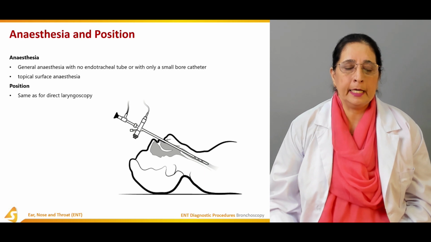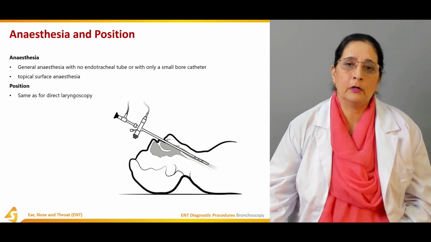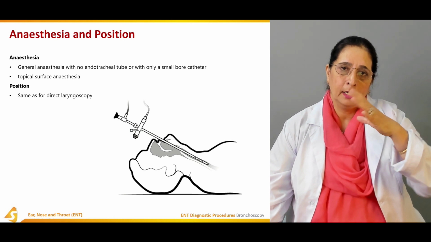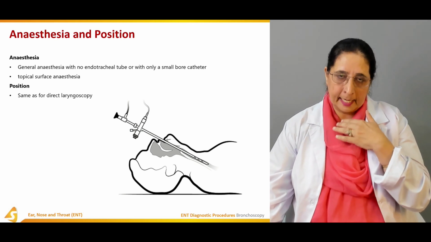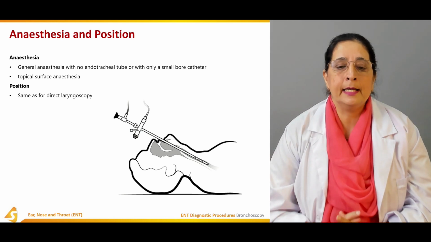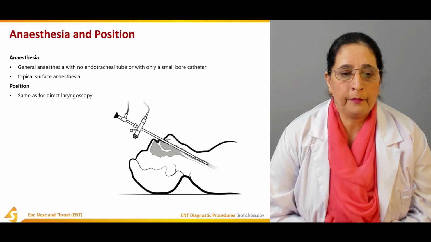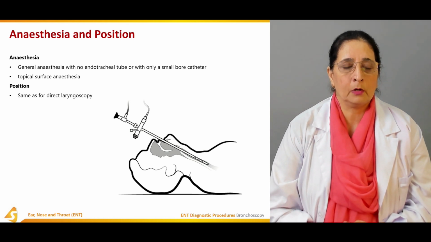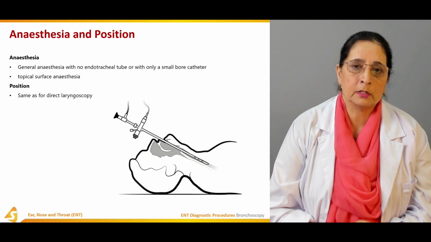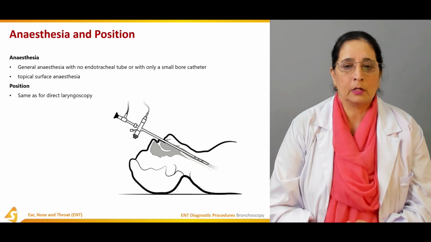Position is the same as for direct laryngoscopy. The head is elevated 10 to 15 centimeters, the neck is flexed at the chest, and then the head is extended. That's the position for laryngoscopy, and that's the position also used for rigid bronchoscopy.